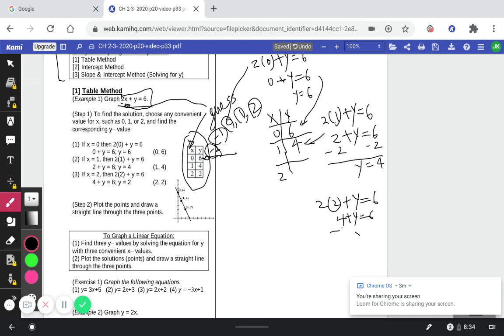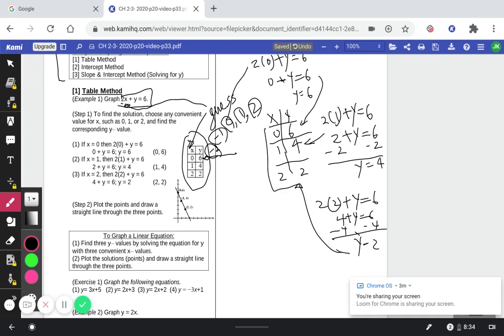Subtract 4, and y becomes 2. So that's where these coordinates came from.